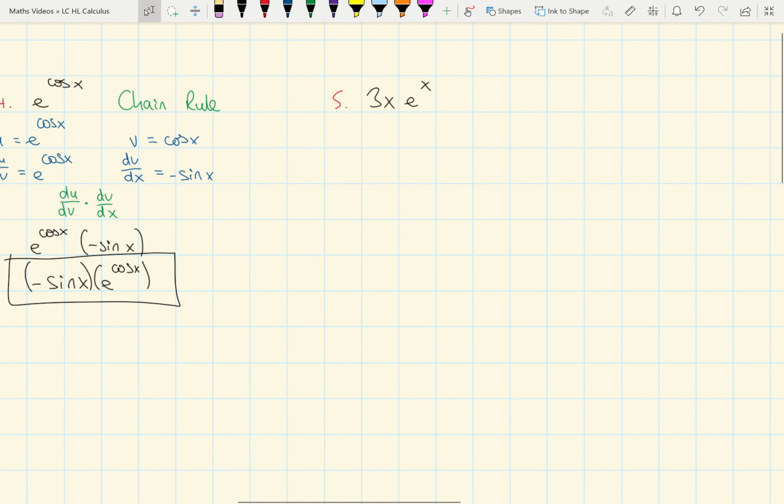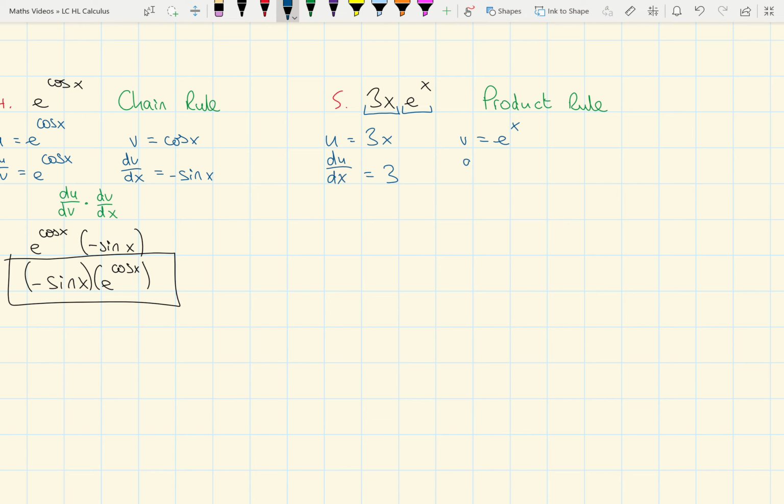And our last example, number 5, here we see we have product rule. So u is equal to 3x, v is equal to e to the power of x, du/dx gives me 3, dv/dx stays as e to the power of x, and product rule tells us it's u times dv/dx plus v times du/dx.